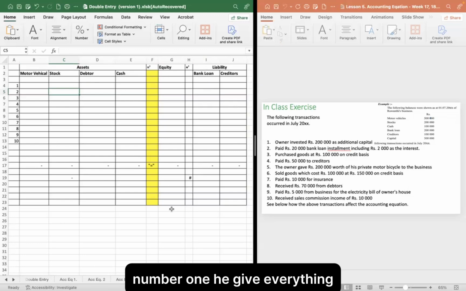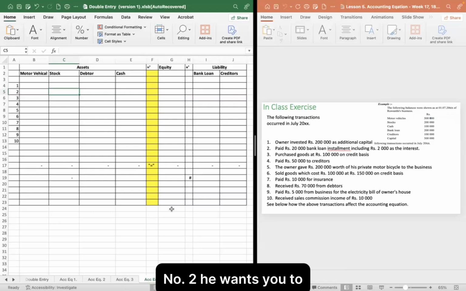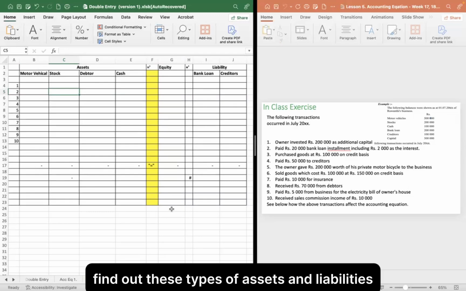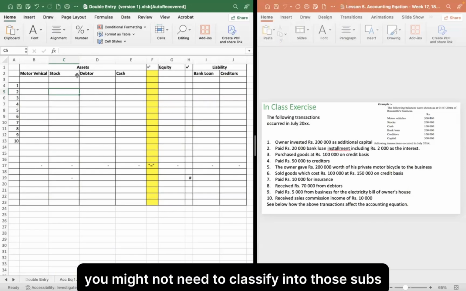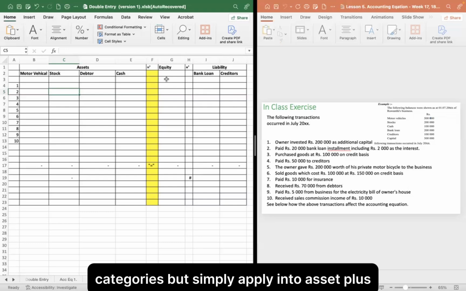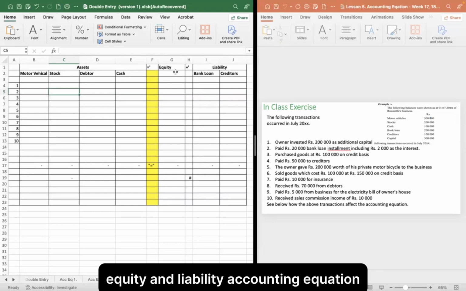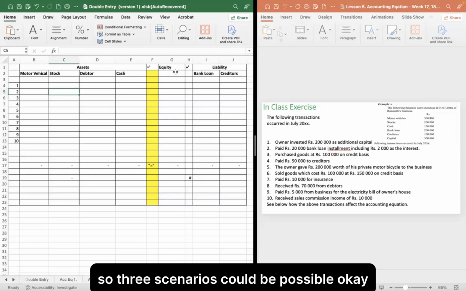Number one, he gives everything. Number two, he wants you to find out these types of assets and liabilities. Or sometimes you might not need to classify into those subcategories, but simply apply into the asset equals equity plus liability accounting equation. So three scenarios could be possible.